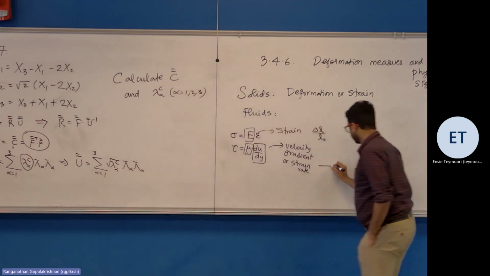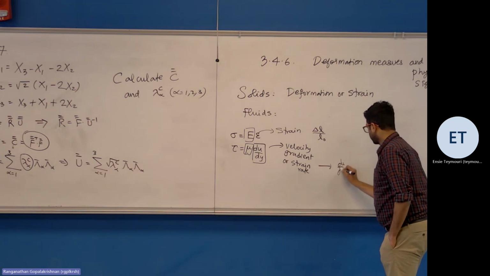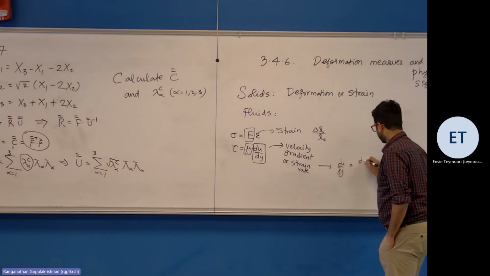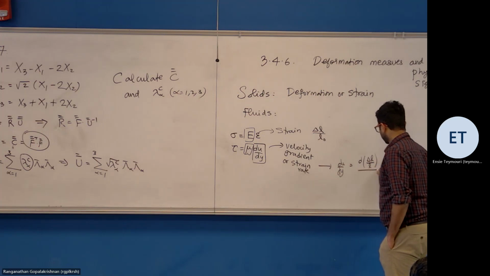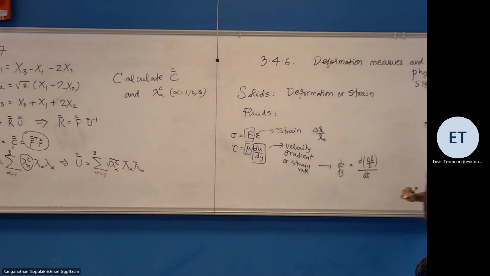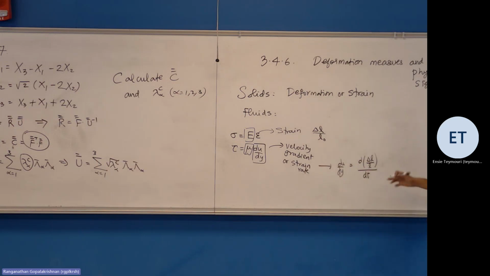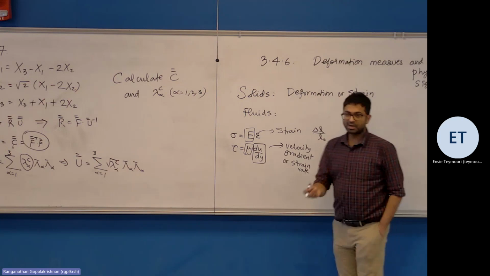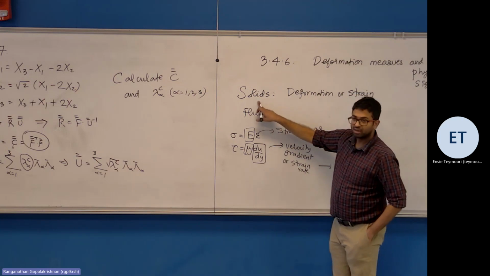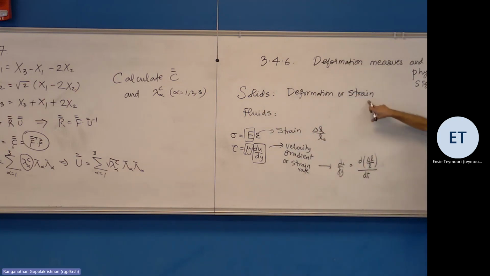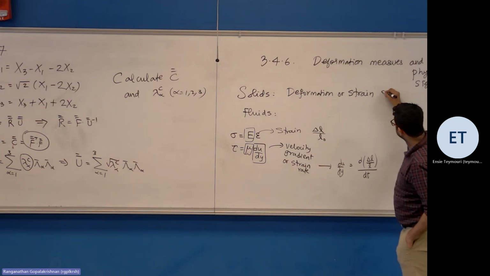It is like saying du by dy is the change in length over length divided by time. So it is also referred to as the strain rate. So the point I'm trying to drive home is, depending on what your material is, if it is a solid, you are more concerned about the strain or the strain tensor, which we are going to derive now.